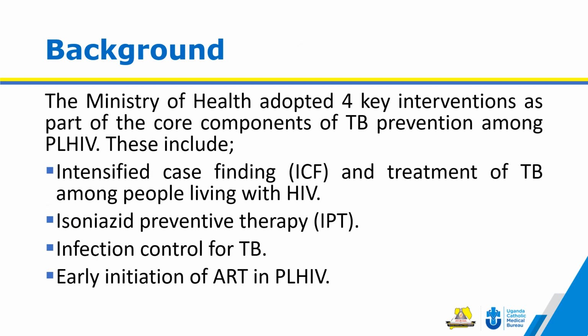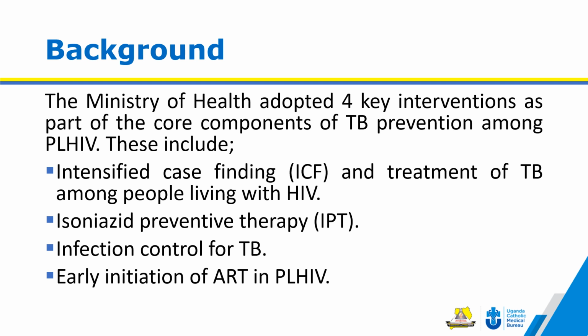The Ministry of Health has 4 interventions or prongs which target TB prevention among PLHIV. The first one is the use of the intensified case finding guide and having all TB HIV clients identified and put on treatment.